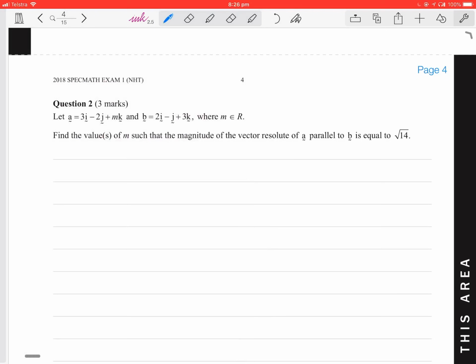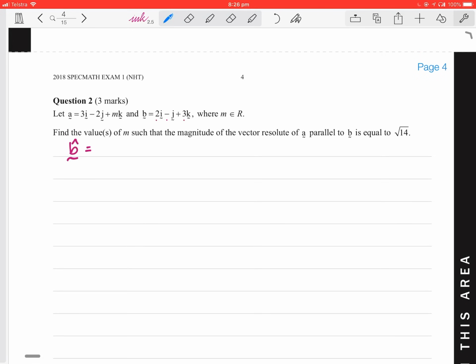The magnitude. Okay, so first we want to find B hat. The magnitude of B is root of 4 plus 1 plus 9, which is root 14. So B hat is 1 on root 14, which is root 14 on 14, times (2, negative 1, 3).